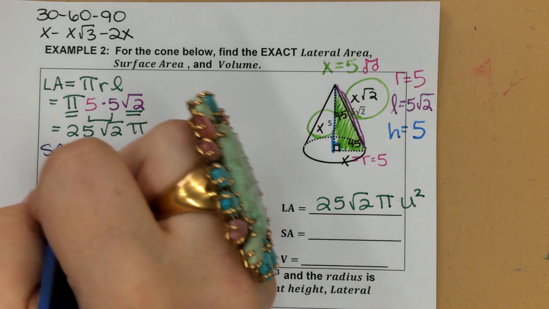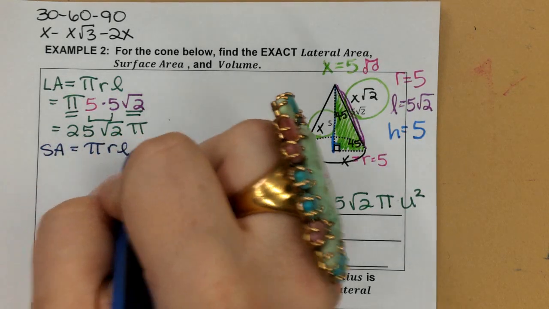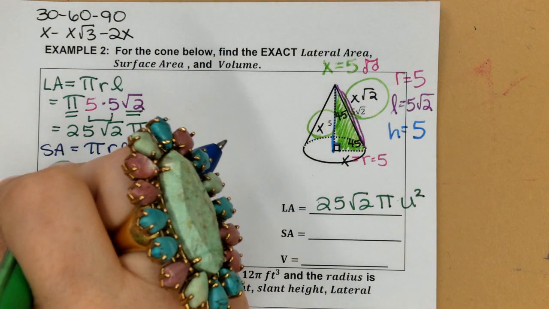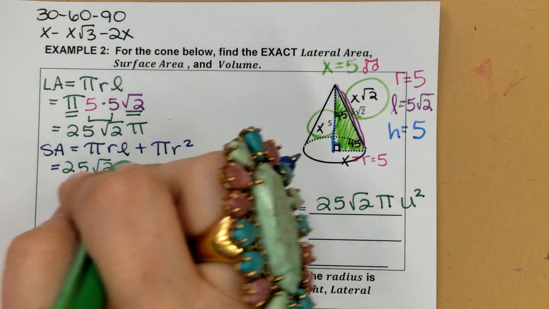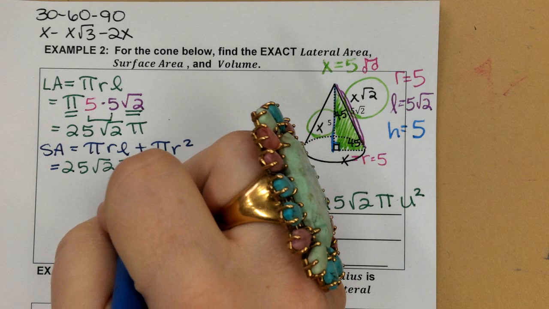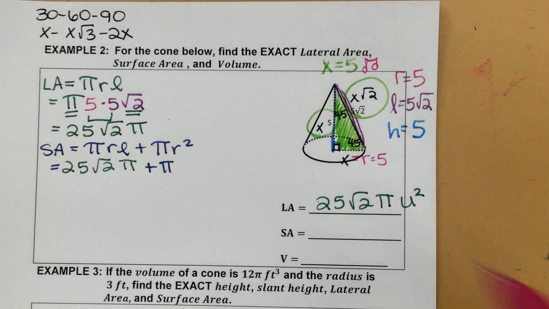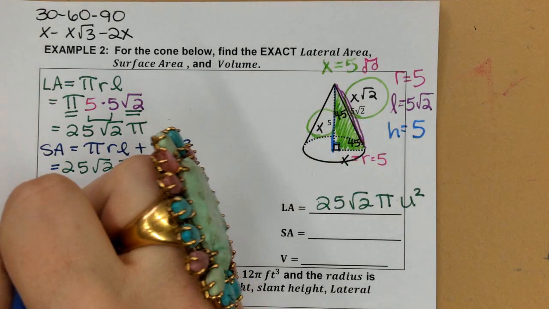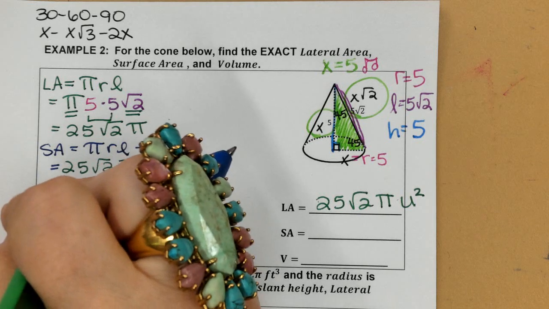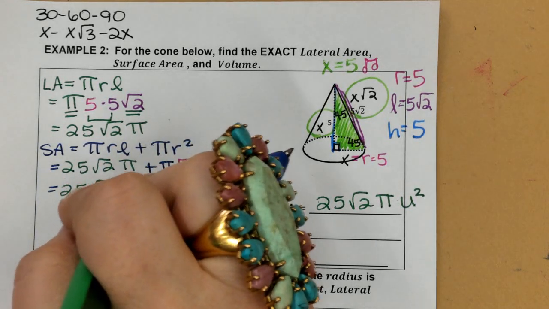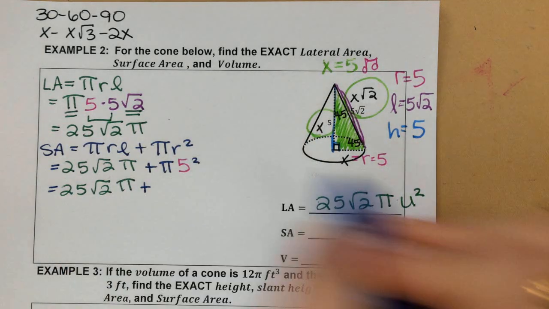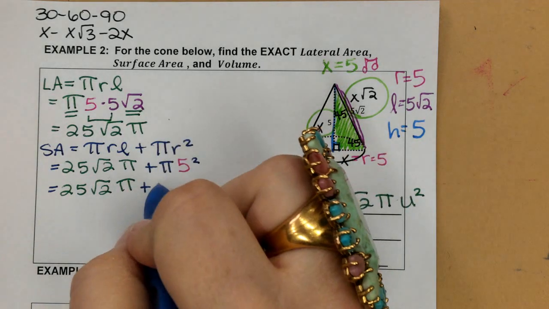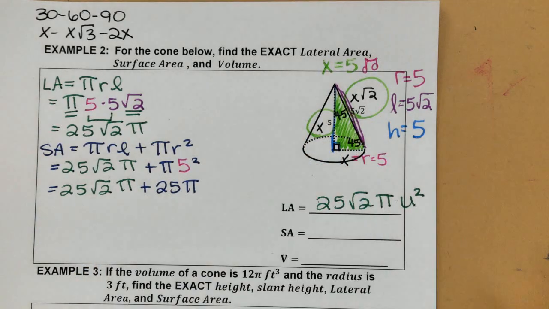My surface area, LA plus 1 B. Lateral area, I plug in, plus pi, radius is 5, and we square it. Just continuing copying down as I go to simplify. Now 5 squared is 25.